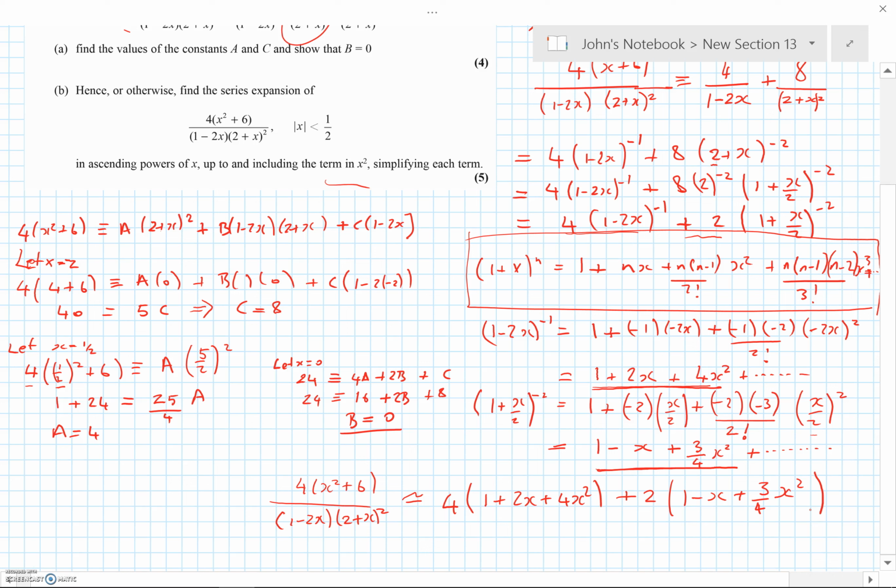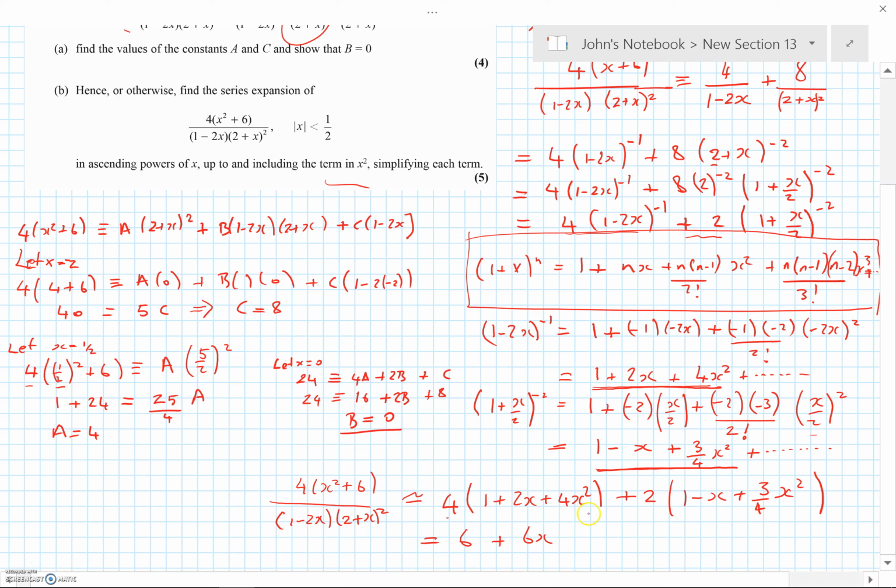Okay, now that comes to 6 for the first term. The second term is 8 minus 2x, so that's going to be equal to 6x. The third term is 24x squared plus 3 over 2. So it's 16x squared plus 3 over 2.